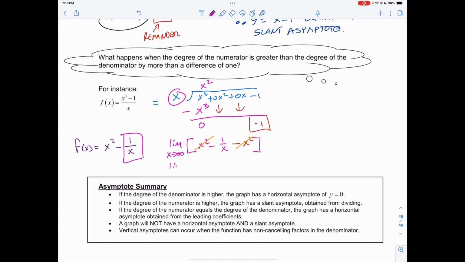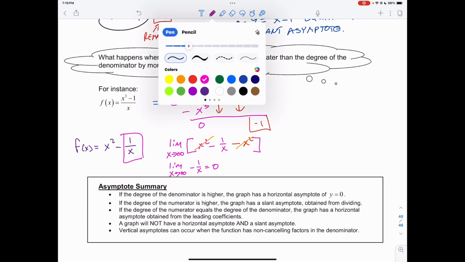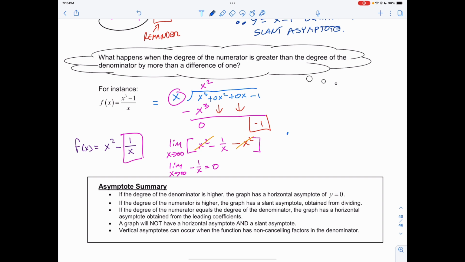And the limit as x approaches infinity for negative 1 over x does approach 0, which means that in this case, the nonlinear asymptote would have the equation y is equal to x squared.